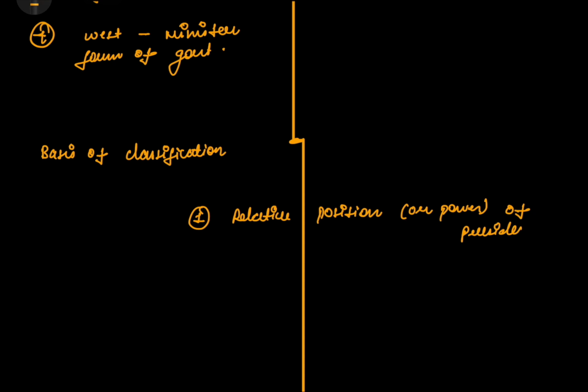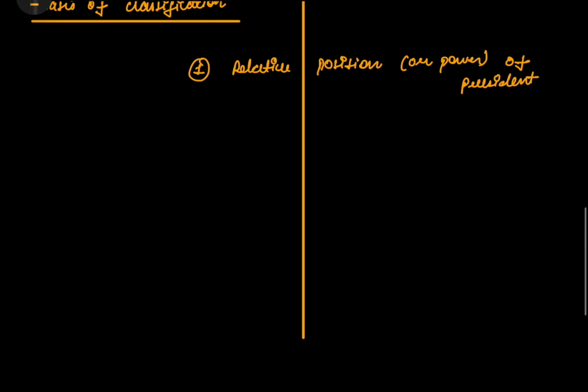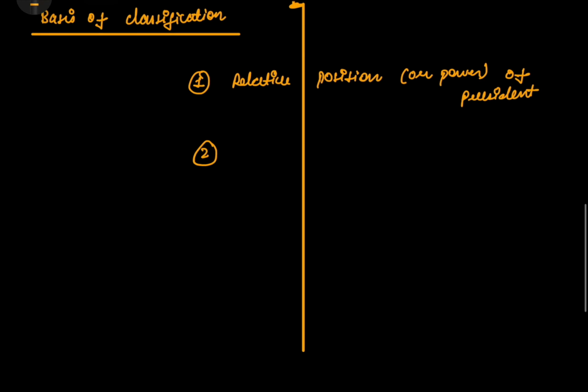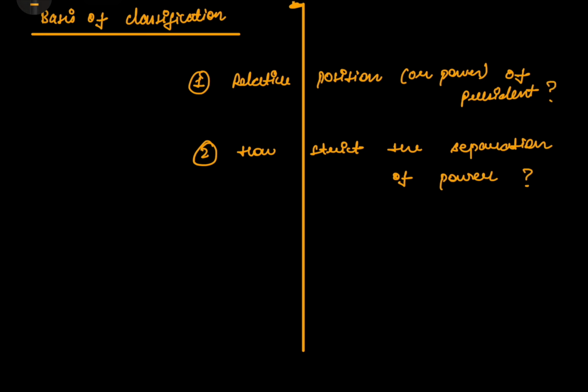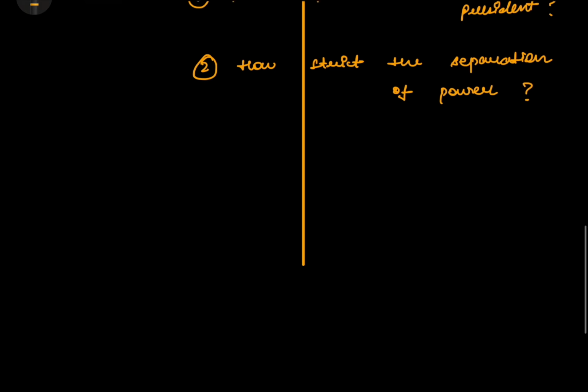So to classify, the first criteria we will use is we will compare the power of the president of the two kinds of government. Then the other criteria is how strict the separation of power is. So these are the two broad classifications under which we will compare both forms of government and try to understand what are the basic differences between the two.